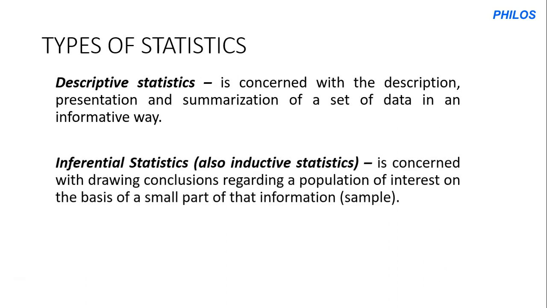And then the second branch is inferential statistics, also known as inductive statistics. This one is concerned with drawing conclusions, and also making predictions into the future. That is, when you draw conclusions regarding a population of interest on the basis of a small part of the information. For instance, let's say of the sample of 100 individuals that you took, 70% said your soap is good.